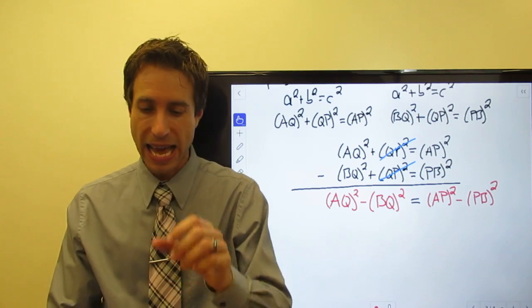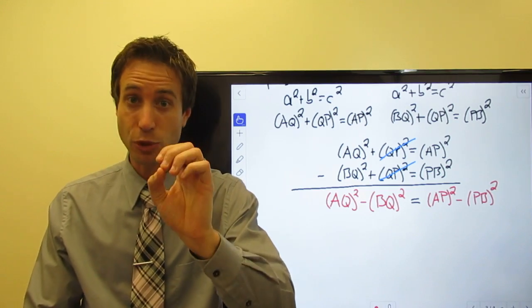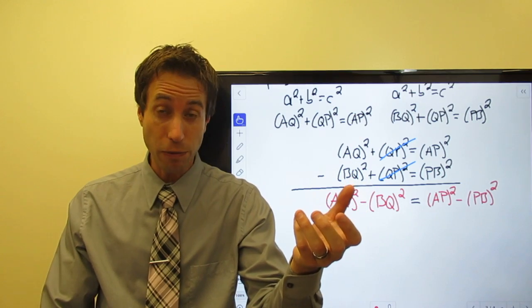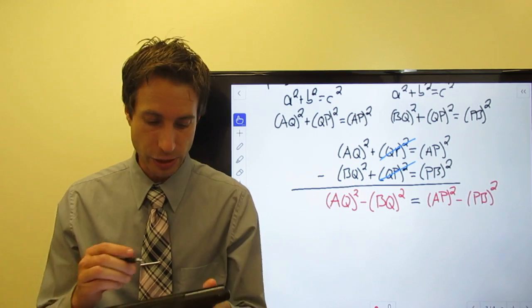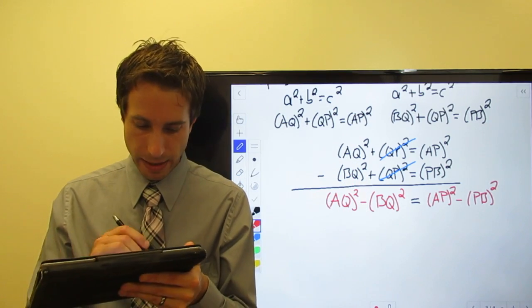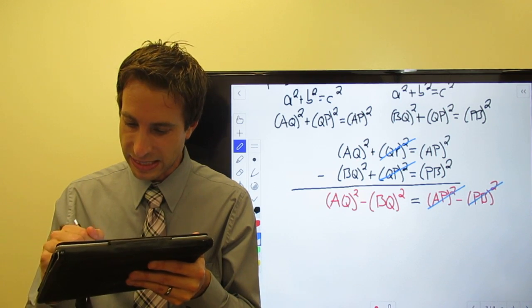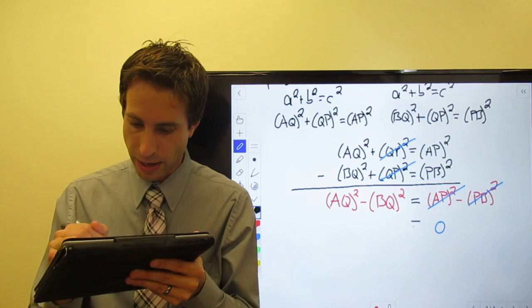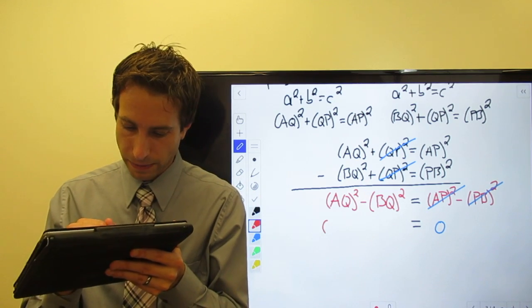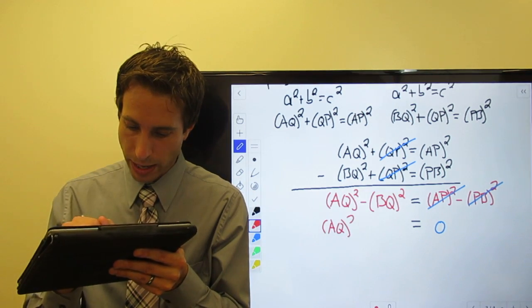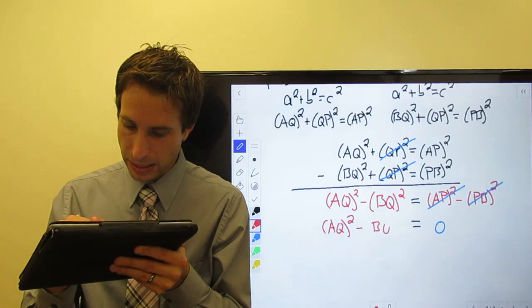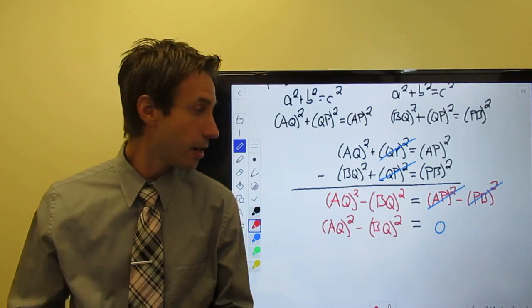Anytime you take something and subtract from itself, they cancel each other out. Those drop out, leave you with a 0 over here. So all that's left is AQ squared minus BQ squared.